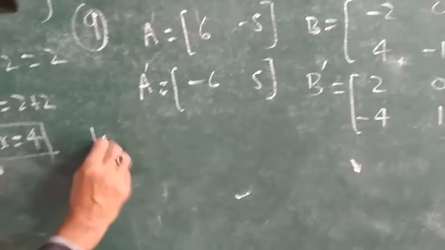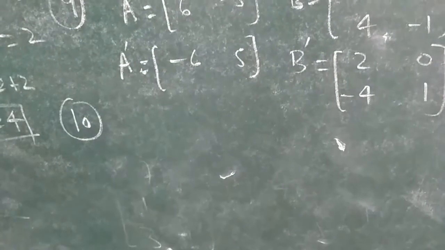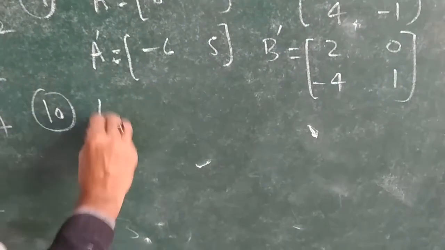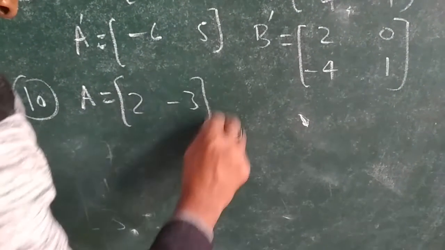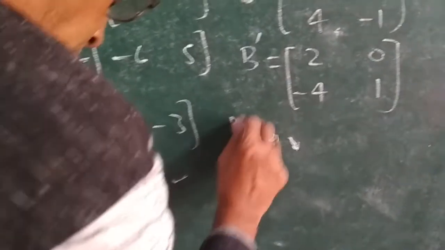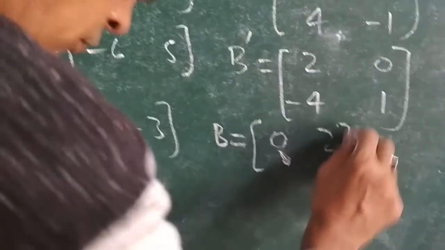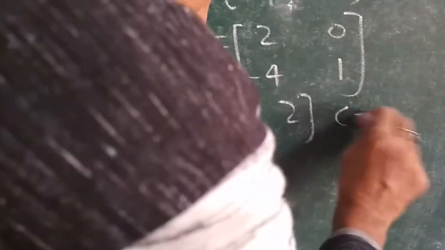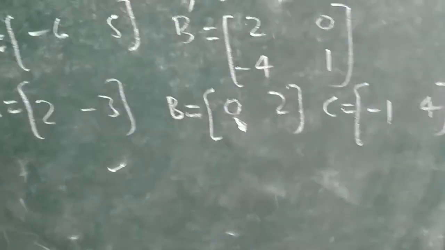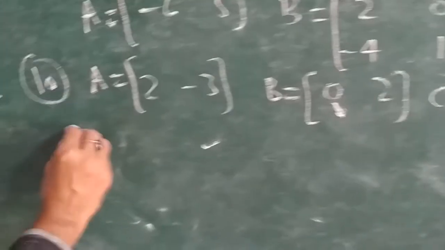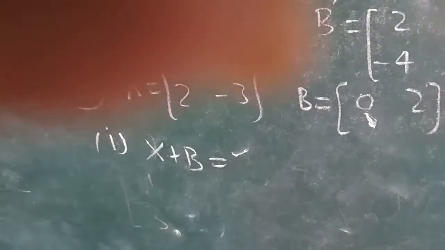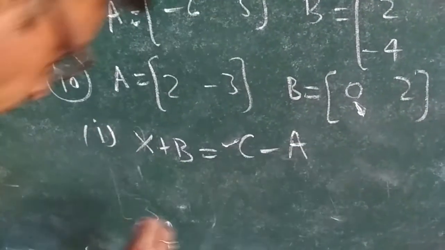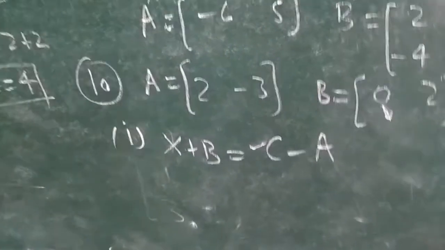Now I tell you the question number 10, one part and 11 are left. You are given A equal to 2, minus 3, it's a matrix. B equal to 0, 2. C equal to minus 1, 4. Now we have to find the matrix X in the given expression, X plus B equals C minus A. So A, B, C, all the three matrices are given to you.